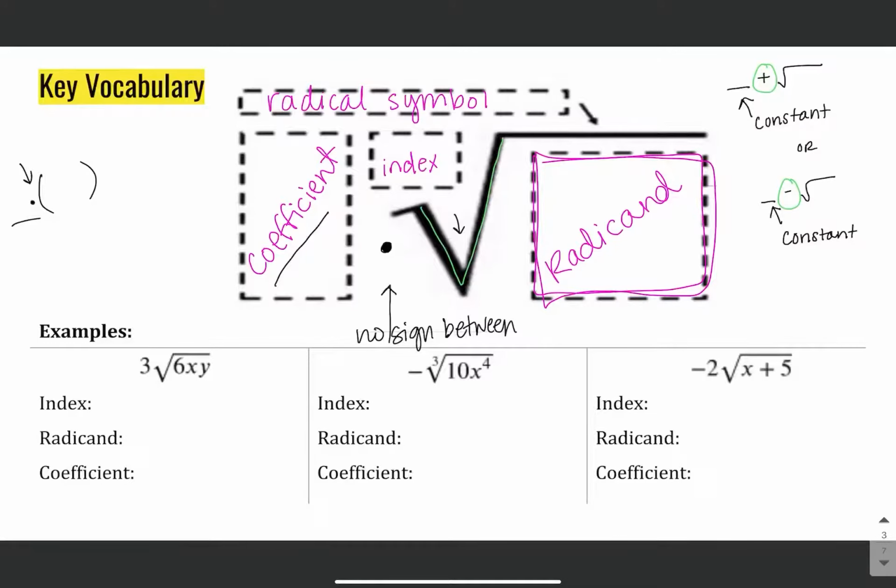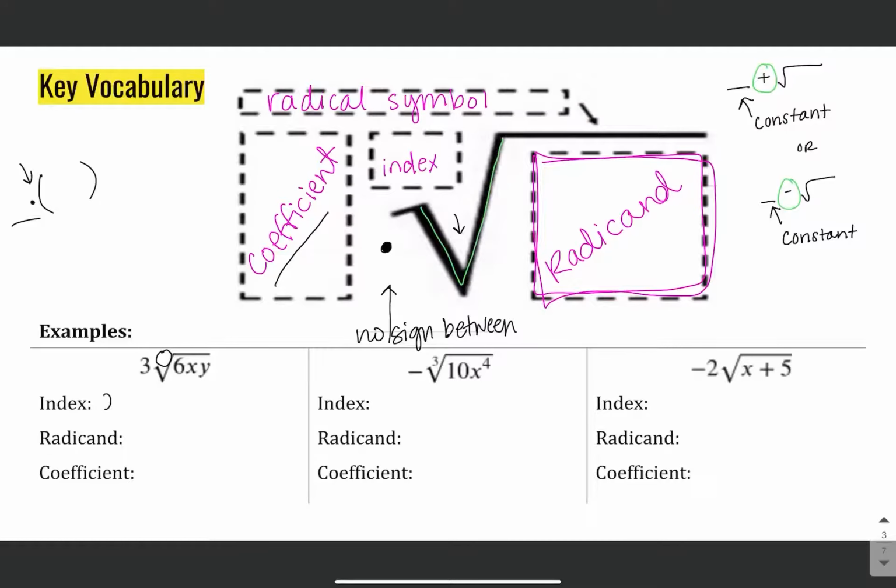So just to show you some examples and just to make sure that we're all on the same page. Our first example here, I've got 3 and then radical 6xy. Now notice how we don't have a number written on the inside here. So if the index is not written, we assume it's a 2.